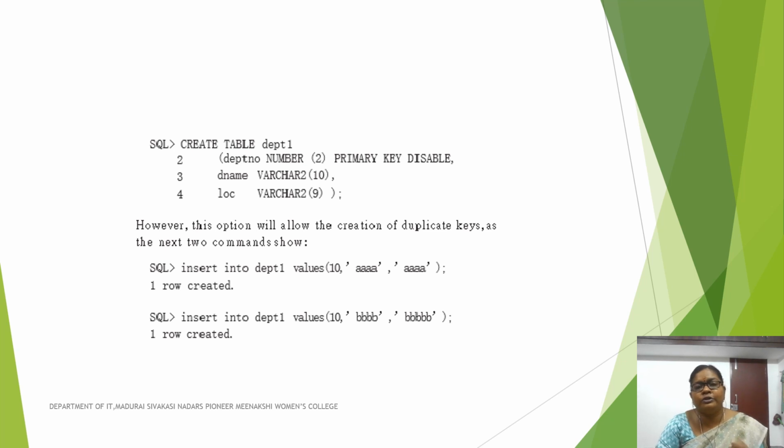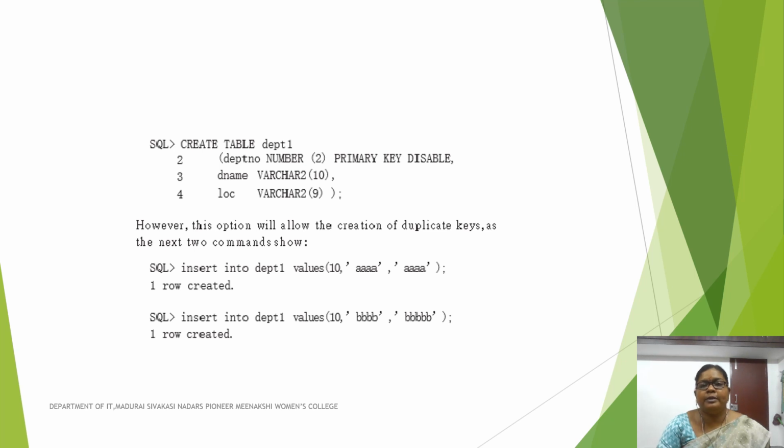Now I'm going to show you the example. Create a table named department1. I'm going to create columns: department number, department name, location, followed by the data type, size and the constraint. Now I'm going to insert data within that. Note that in the syntax the primary key is disabled here.